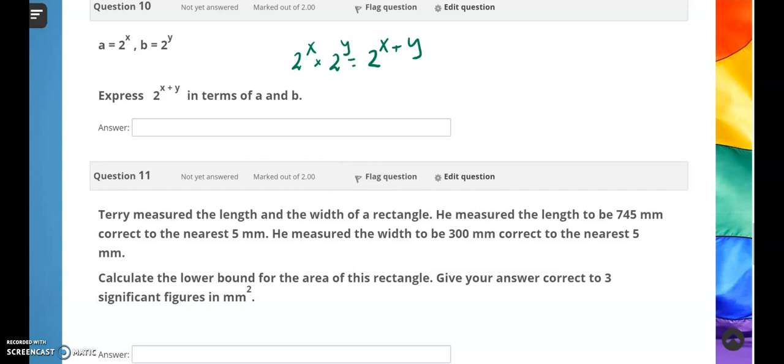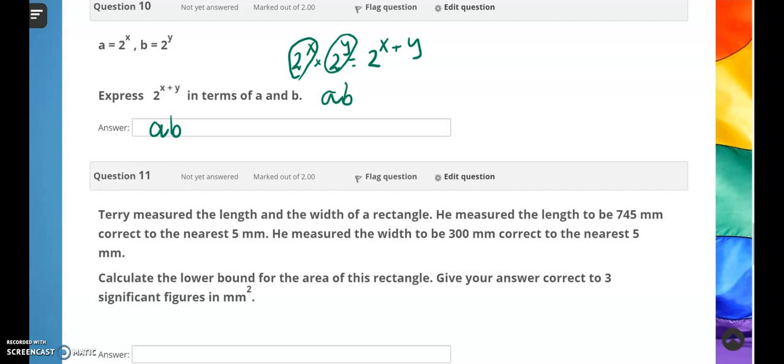So if 2 to the power of x is written as a, and 2 to the power of y is written as b, when we multiply them together, that should give us 2 to the power of x plus y. So since we're manipulating letters rather than numbers, we don't need to write the multiplication sign, the operation in there. So we're going to write just ab, which means a times b.